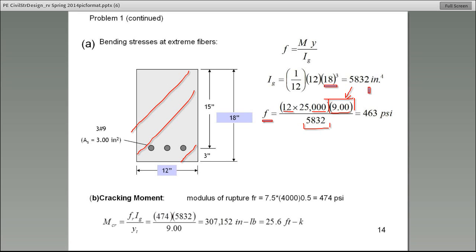So we made it compatible, so the answer comes out to be 463 psi. So pay close attention to those conversions. Now the second part, which is actually the more important part of this problem, this is very important.